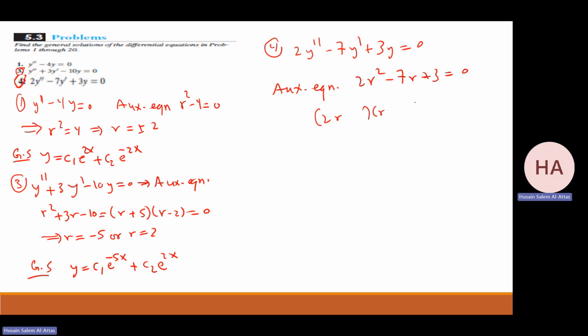That will be 2r and r, and it's 7, so minus 3 and minus 1 equals 0. So you have 3 minus r, minus 6r, minus 7r. Great. So r equals half or r equals 3. General solution, C1 e to the half x plus C2 e to the 3x.